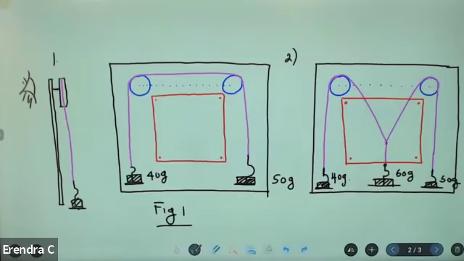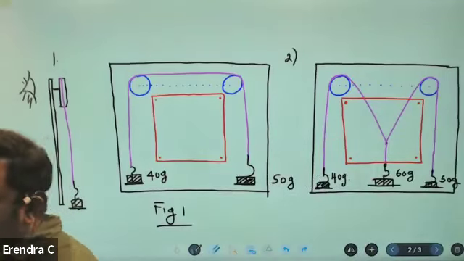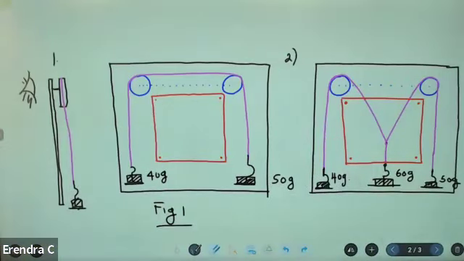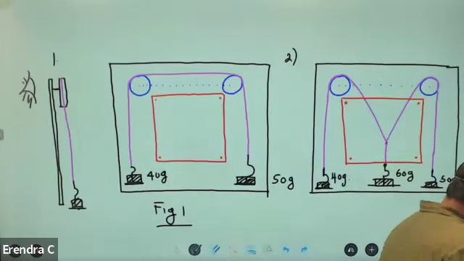As shown in figure number 1, we connect the two centers of the pulley such that they are in line with each other.